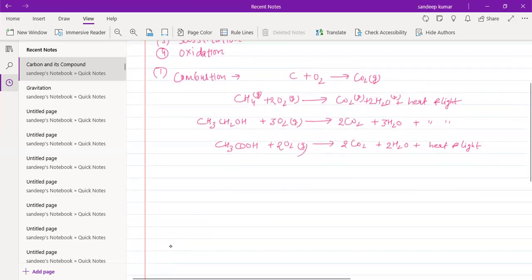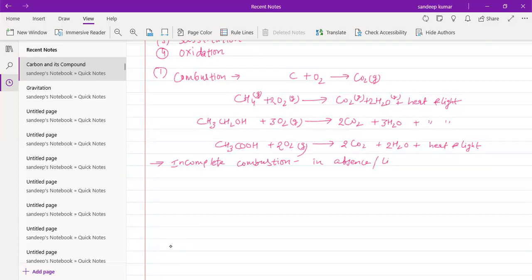Incomplete combustion means whenever air is present in limited supply, or there is an insufficient supply of oxygen, then incomplete combustion takes place.